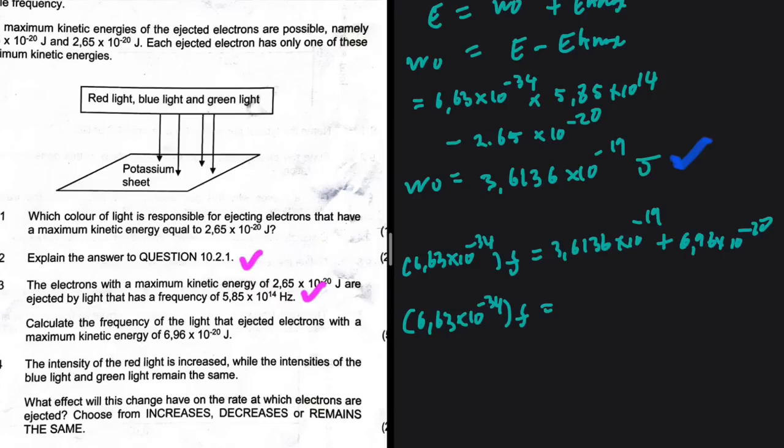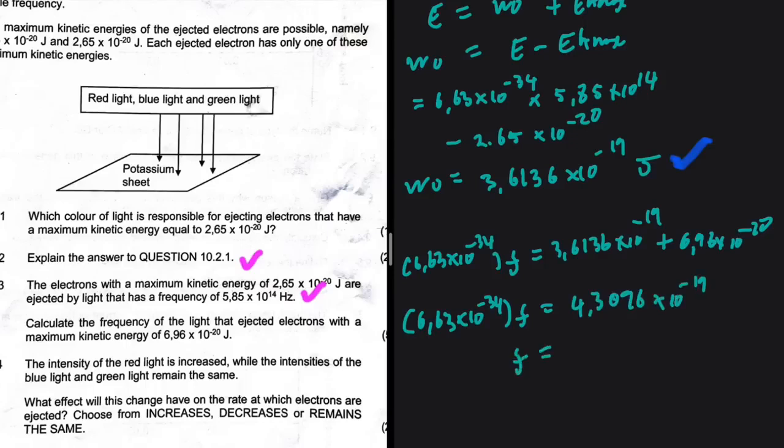Let me put brackets here so that I can be 100% sure that my calculator is interpreting it the way I want. 6.96 times 10 to the minus 20, 3.6136 times 10 to the minus 19. Okay, looks good. So here I'm getting 4.3096 times 10 to the minus 19. Let's divide both sides by the coefficient of f.